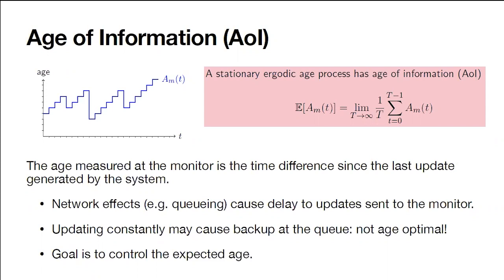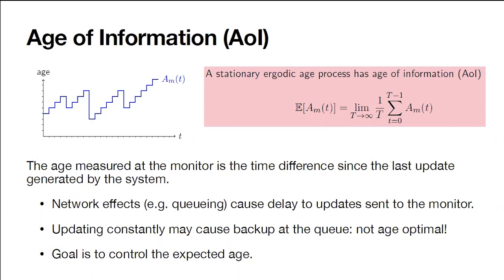The idea here is that network effects like queuing will cause delays to the update sent to the monitor, so you want to control when you send something in order to control the age at the monitor. The initially counterintuitive thing to point out is that if you send a lot of updates, it'll just cause a lot of backup at the queue, and the most recent ones, if you do first come first serve, will be sitting at the back of the queue, and you'll have a stale state at the server.